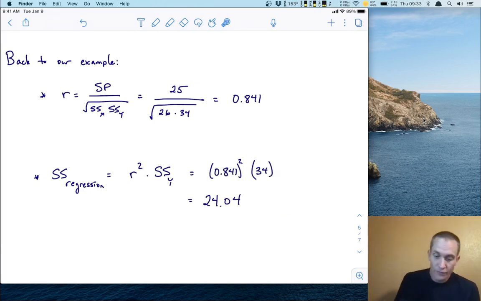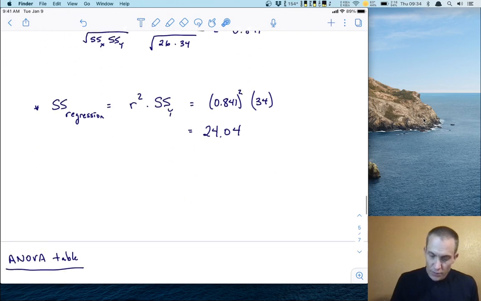So out of that total variability in y, 34, 24.04 of it is due to the regression equation. In other words, it's accounted for by x, by the pretest scores, which means the rest of it, the 9.96 of it, is residual. So let's do the Anova table.